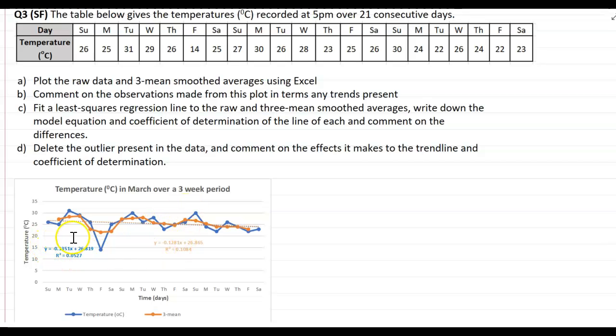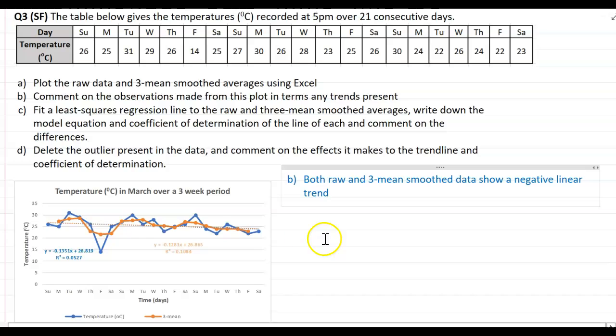So if we look closely for the trend, we can visually see that it's a negative linear trend, and our gradients, both of them support that because they have a negative value. For C, I have already fit the least squares regression line to both of them, and we can see the equations and coefficient of determinations displayed underneath there.